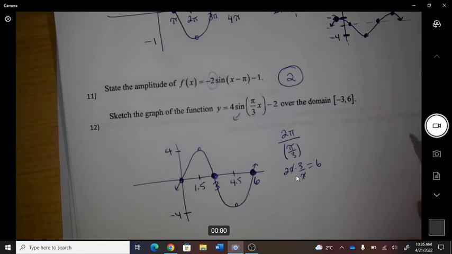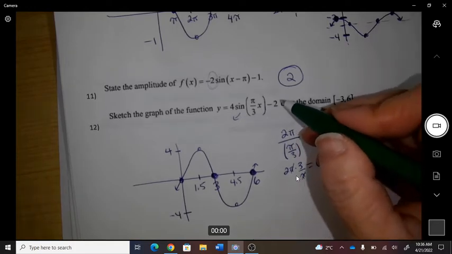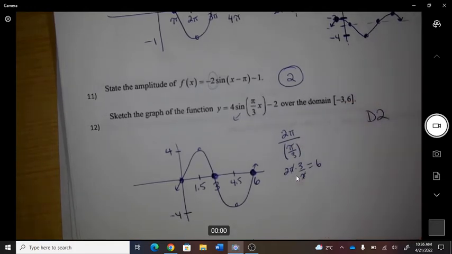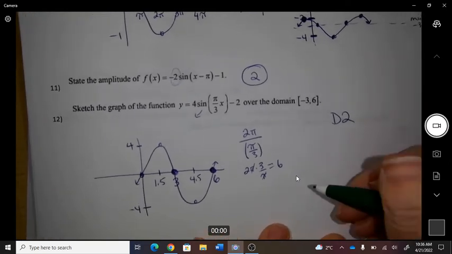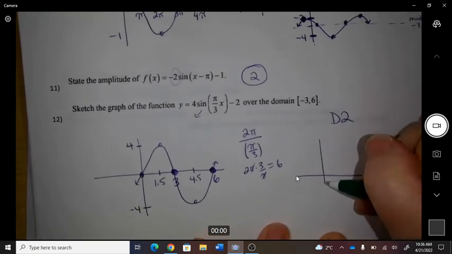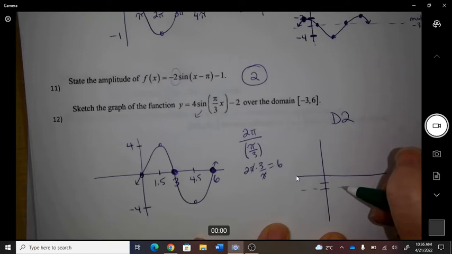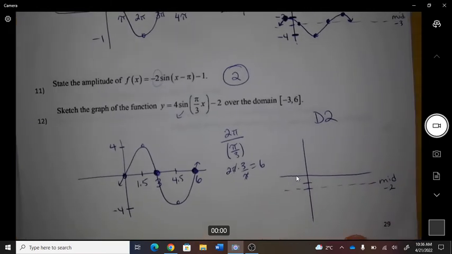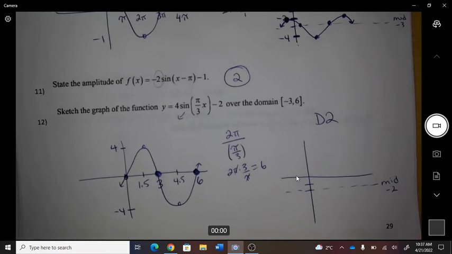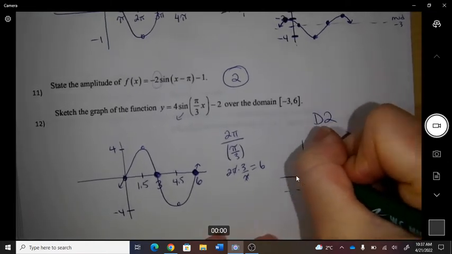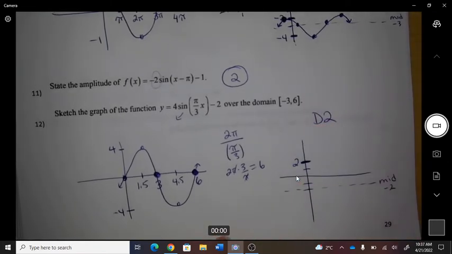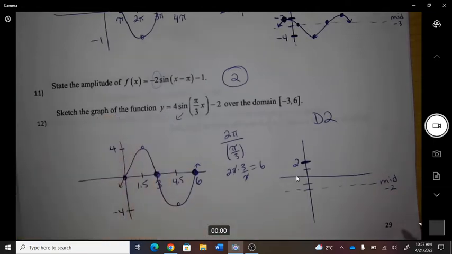Okay, so now we're going to take that graph. We're going to have to go down 2. So I'm going to draw some guidance. So there's my midline at -2. My top height is going to reach 2 instead of 4.